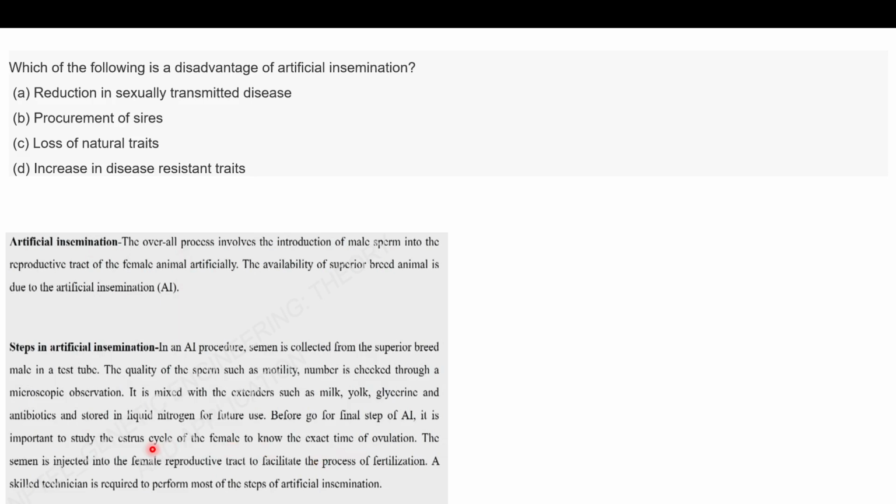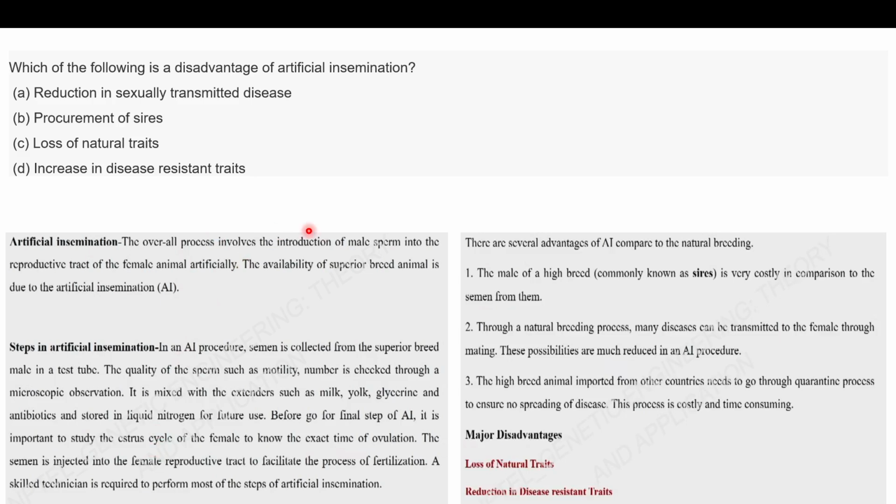But what actually is a disadvantage here? There are several advantages definitely as compared to natural breeding. The male of a hybrid, commonly known as sires, is very costly in comparison to their semen. Through natural breeding, many diseases can be transmitted to the female during mating. These possibilities are much reduced by using artificial insemination.